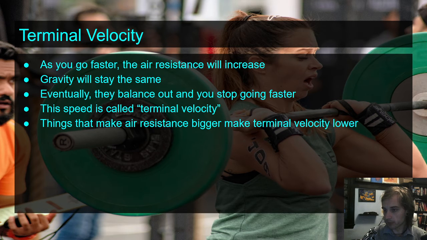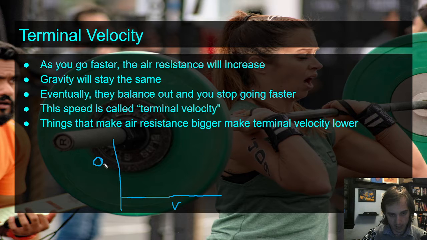What this winds up looking like on a graph is if you go faster, you get less acceleration. So if you were to graph velocity versus acceleration for an object, you would wind up with something somewhat like this, where it's a curve, where you get diminishing returns.